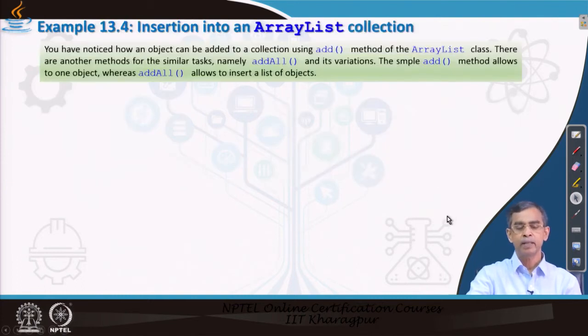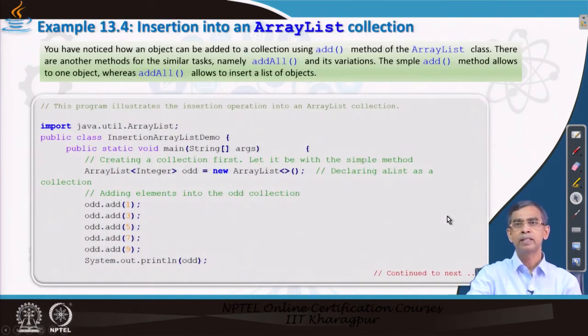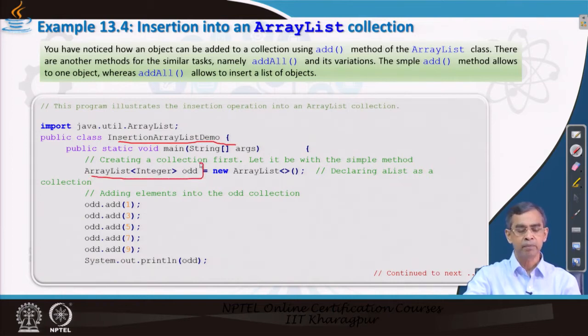Now let us have a quick example showing the different types of insertion operations. This is a program, insertion into the ArrayList demo, and it creates an ArrayList collection. The name of the collection is odd here, initially it is empty. We create the collection odd by adding the elements one by one, and then print the collection.